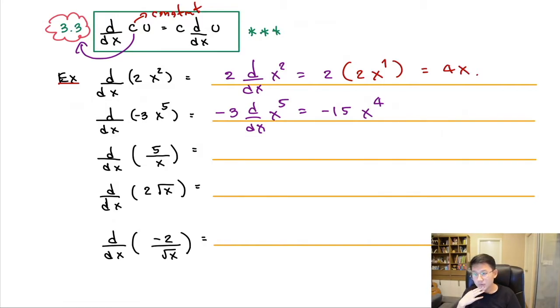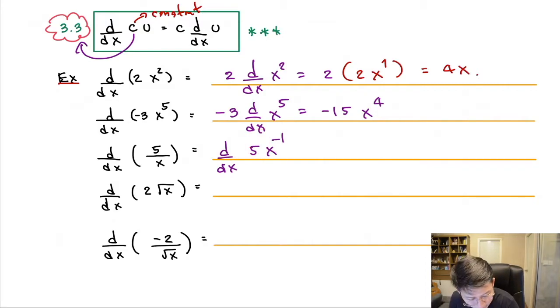The next one is the derivative of 5x to the power of minus 1. But guys, in reality, you might not need to pull it out, because it takes time. You can do it even quicker by just pushing the exponent down and multiplying it by 5.